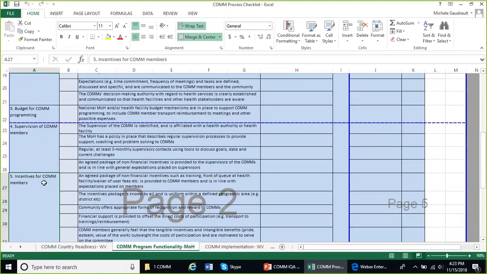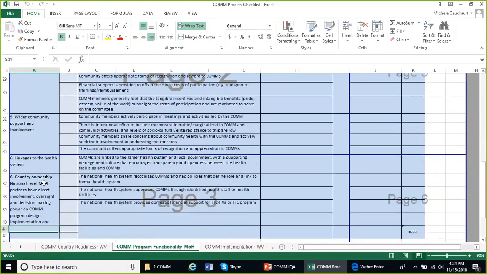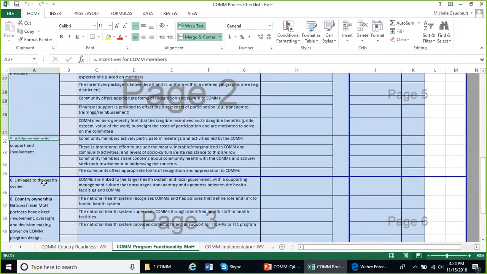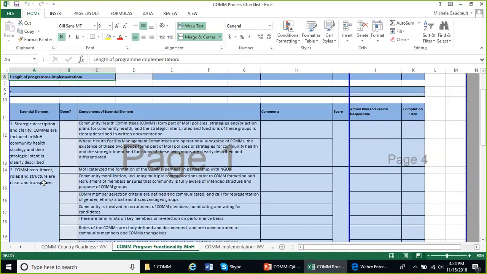So it might make sense to just put it all on one tab, and to say that World Vision and MOH together are really looking at all of these things, what I showed you on the first tab, as well as these other components, as being the sorts of things that we want to make sure are in place for the COMM program.